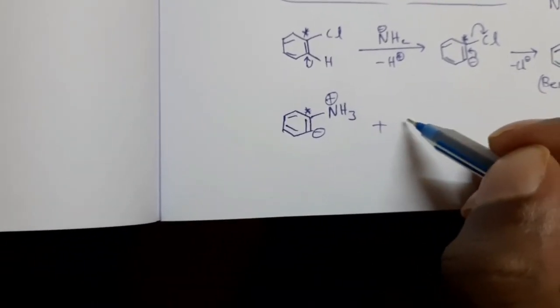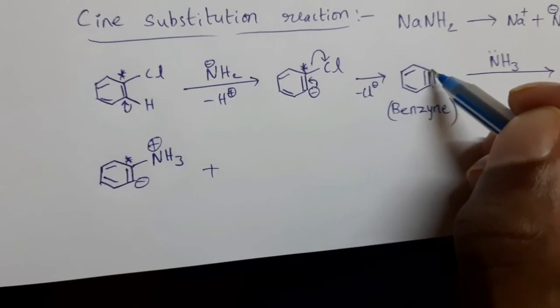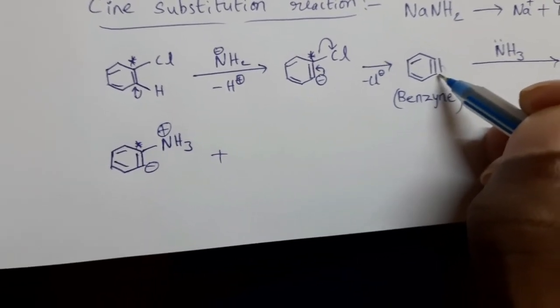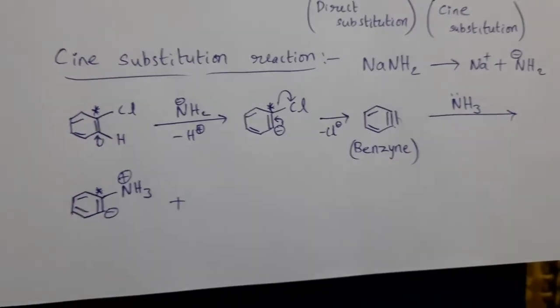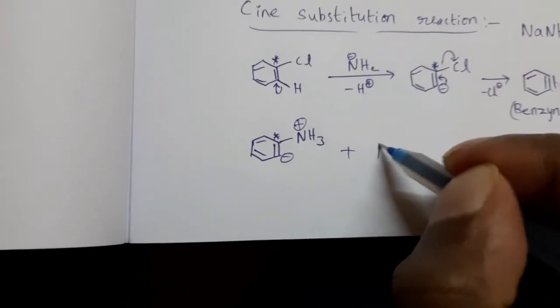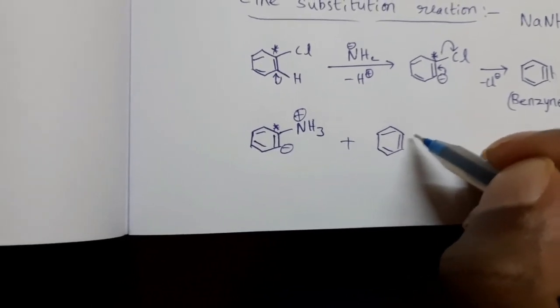And another possibility is if these pi electrons are shifted to this carbon atom, positive charge is developed at this position. Between this carbon atom and nitrogen atom, bond formation takes place. Then the product is this.